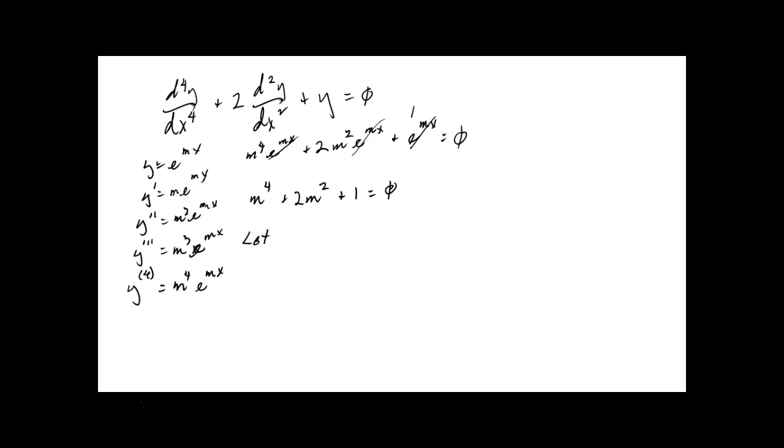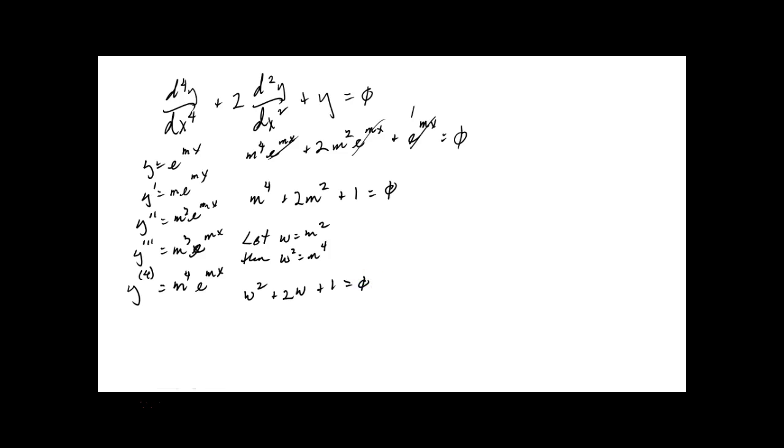Don't use y, x, or m. W. Okay. Let w equal m squared. Then w squared is equal to m to the fourth, right? Okay. So now we have w squared, that's your m fourth, plus 2 w, that's m squared, plus 1 equals 0. Can you factor that?